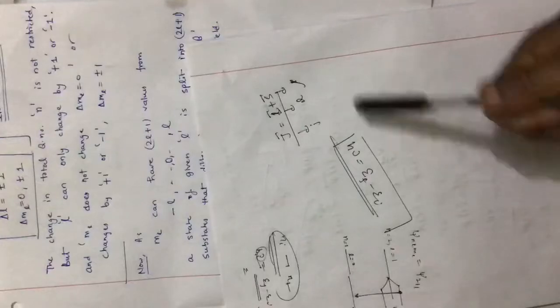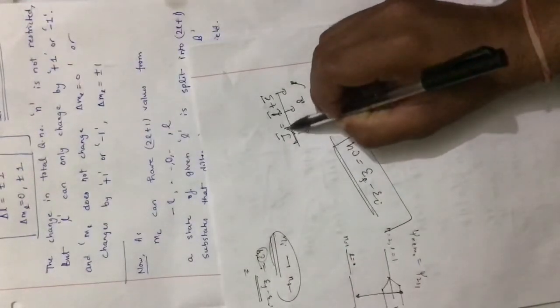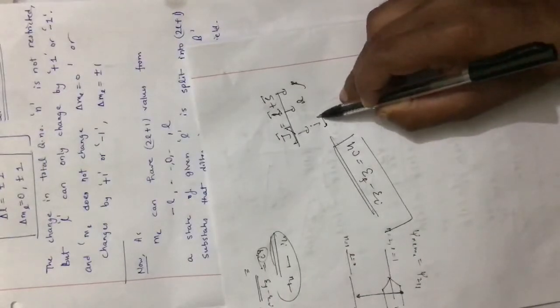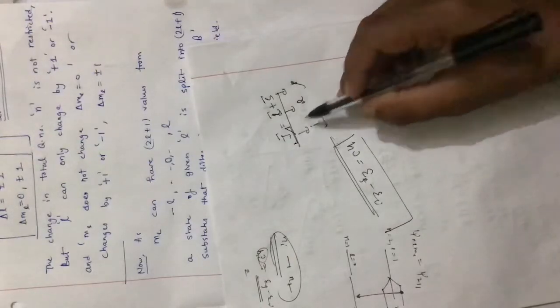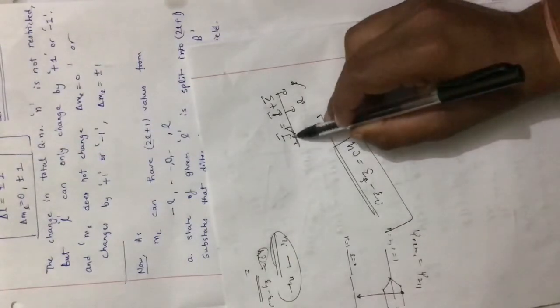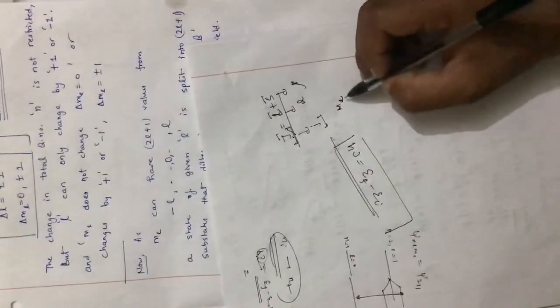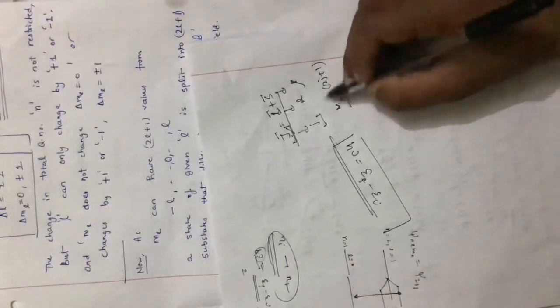So for these cases, now my quantum number is J, which limits the total angular momentum, and for magnetic interaction mj can have 2j plus 1 values, from minus j to j, right?